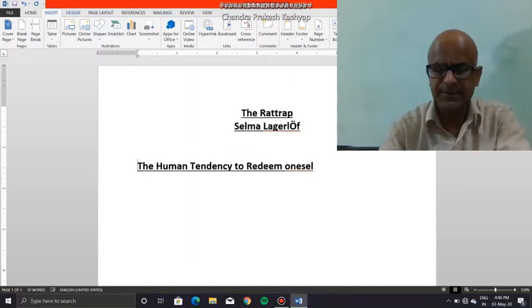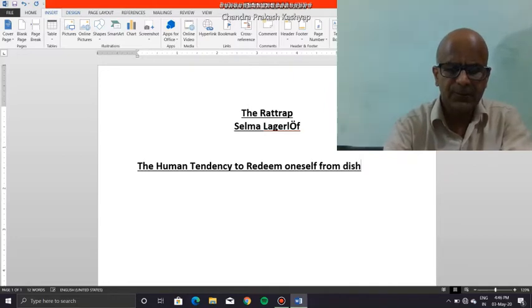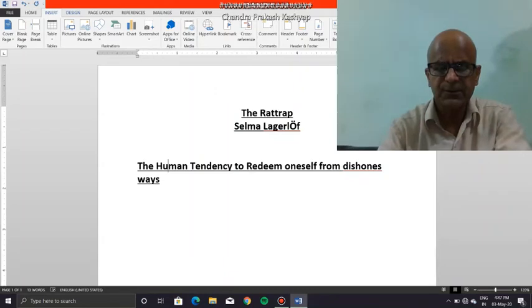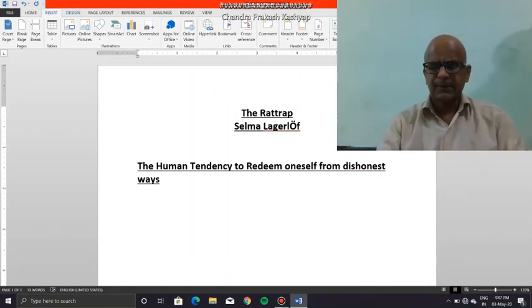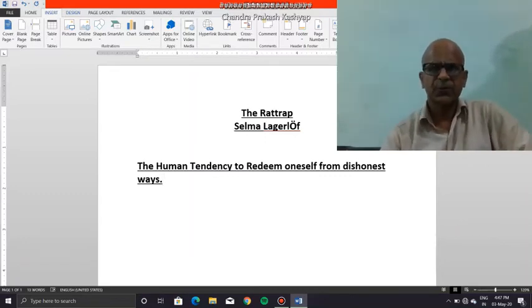The human tendency to redeem oneself from dishonest ways. This is what the story is about by Selma Lagerlöf. Very, very important from examination point of view.